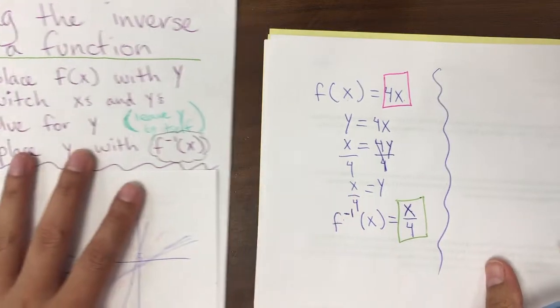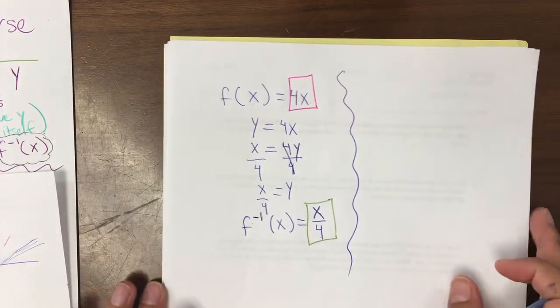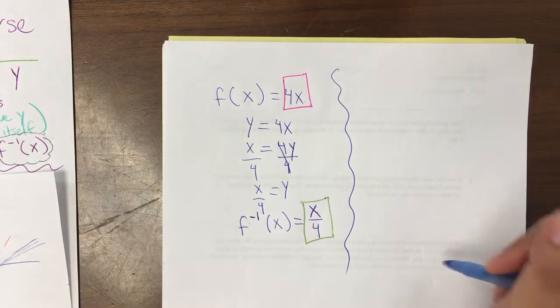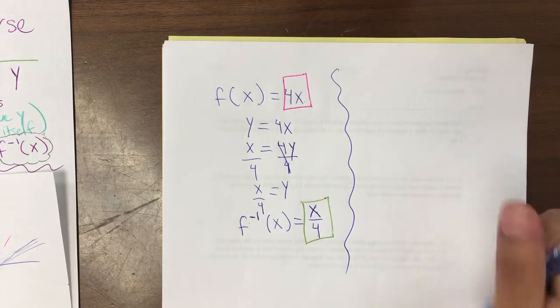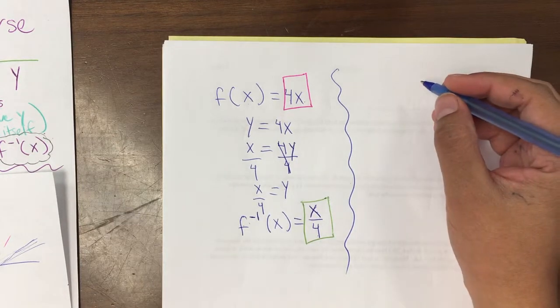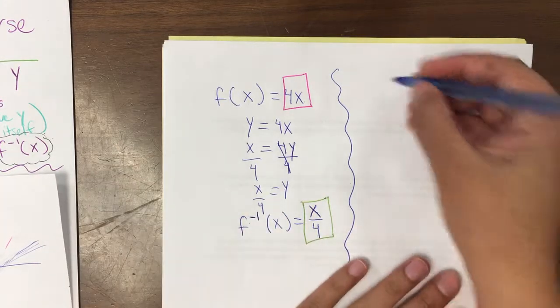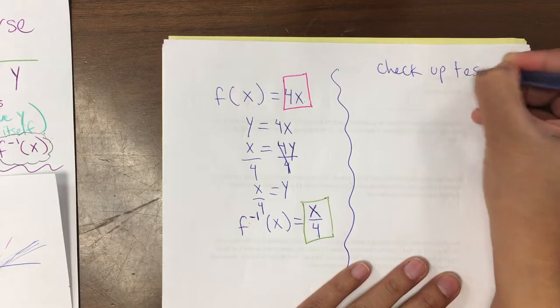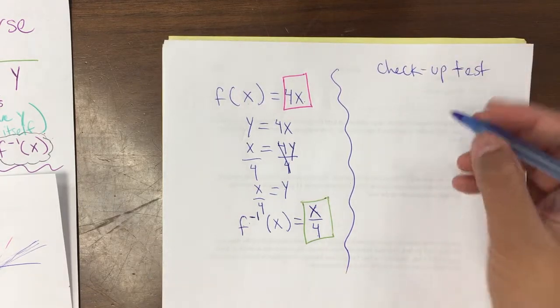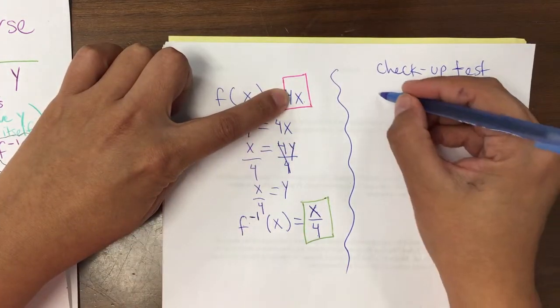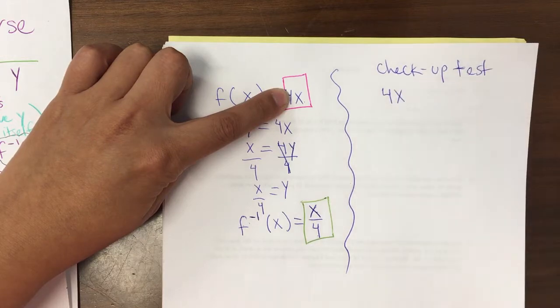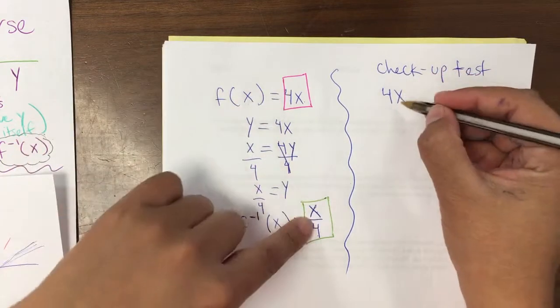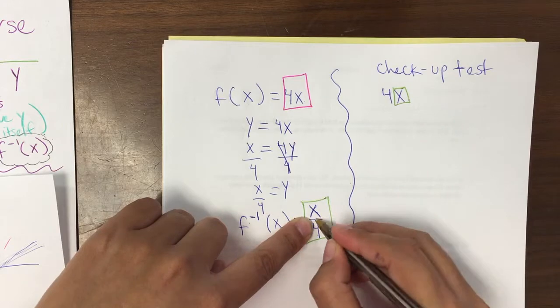Checkup test now. So remember that if they cancel to be x only for both of them, that means that the checkup test is correct. Okay, checkup test. So I'm going to write this, and I'm going to replace my x with the inverse function.